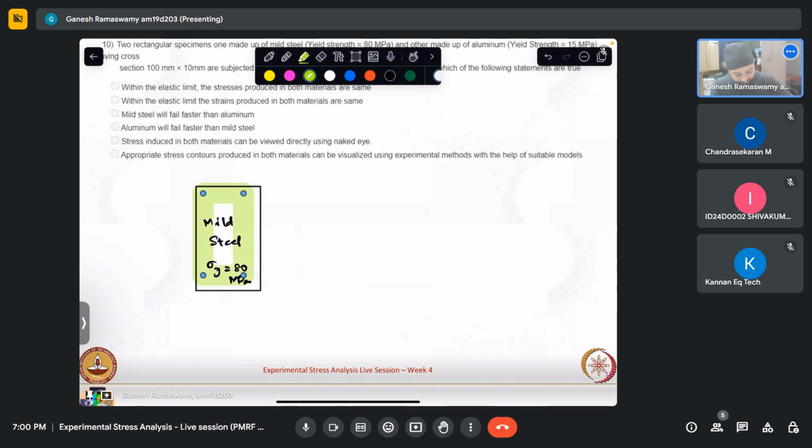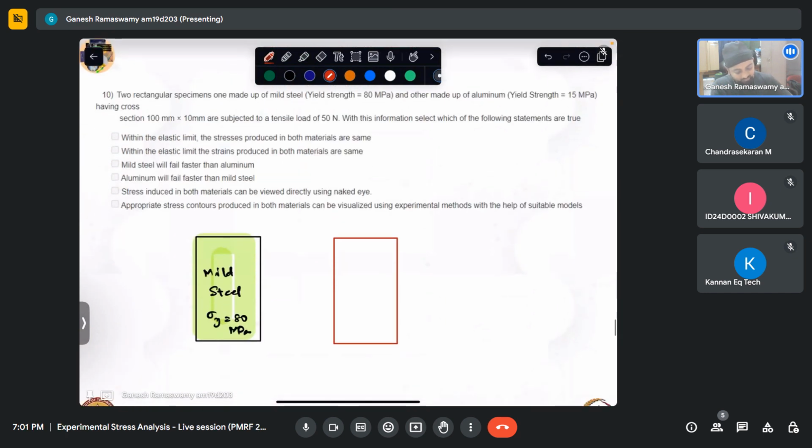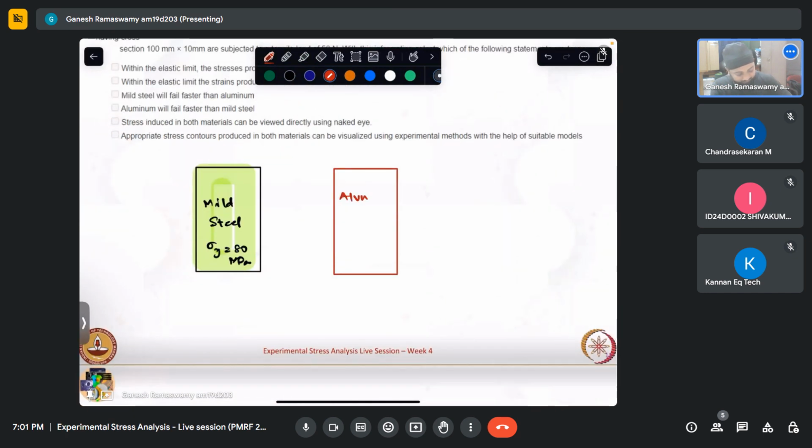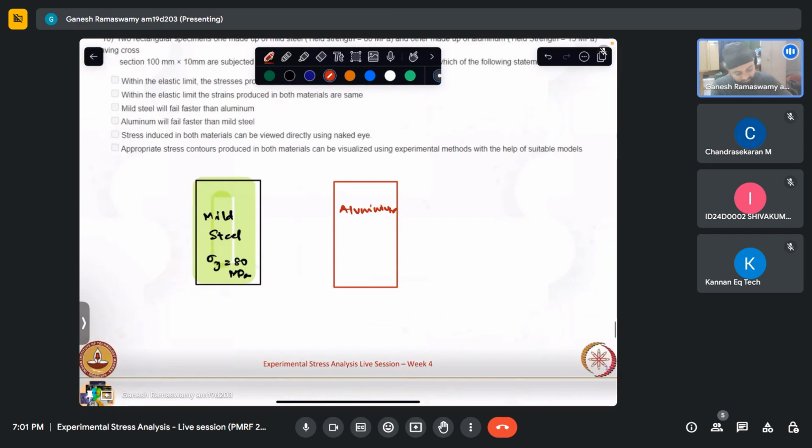So this is my mild steel. Fine. And this is aluminum. The yield strength of 15 MPa.